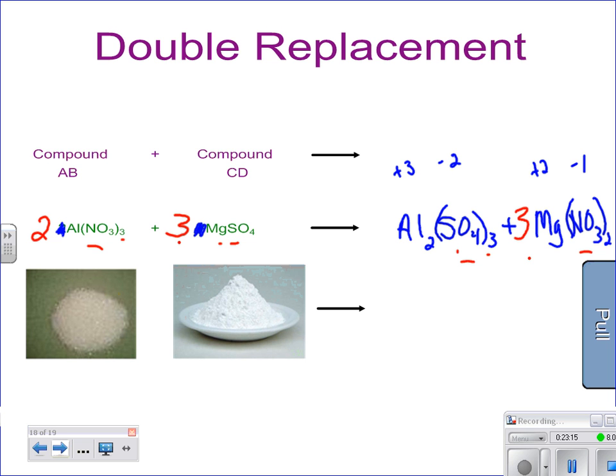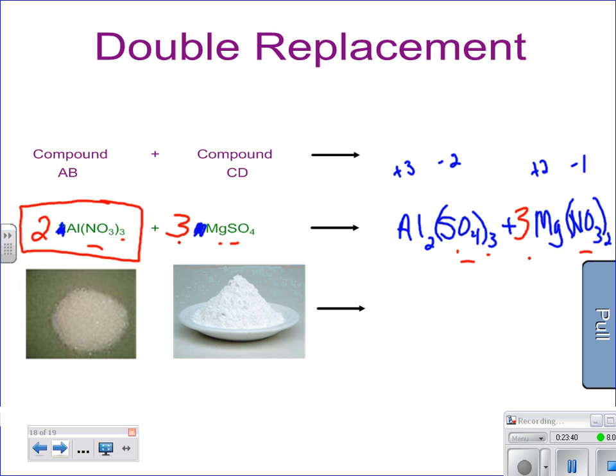So everything is good. If we were to go back and count our individual atoms, for example, right here, everybody look at that. I don't know if you can see that from where you're at. How many oxygen atoms are there? 18. So we've got 18 oxygen atoms right here.